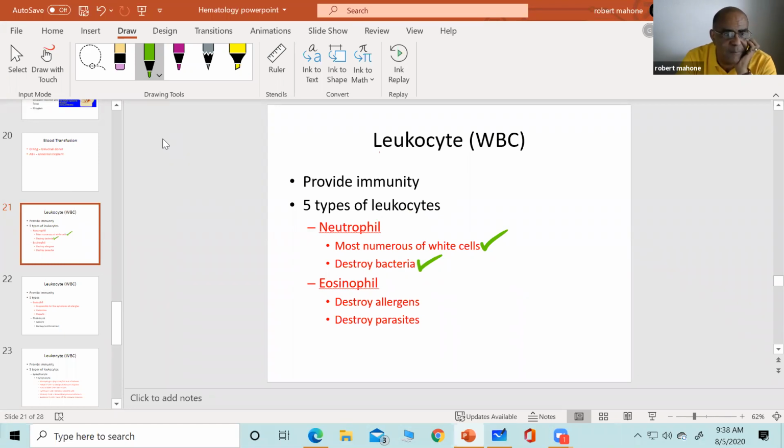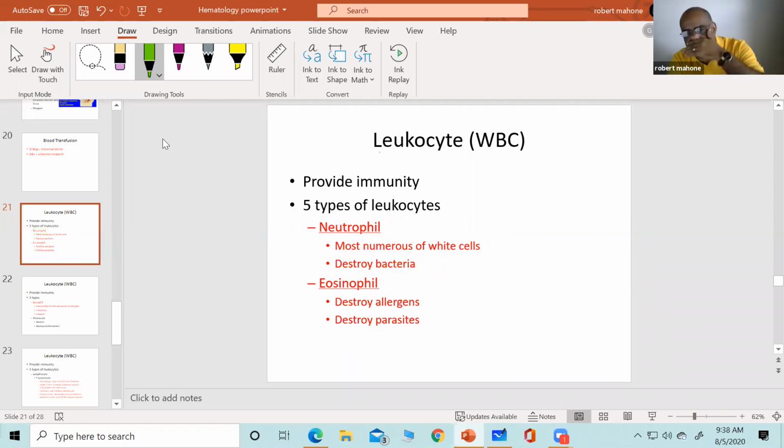You ever heard of the bubble boy? The people who live inside bubbles, even they will have some bacteria in their bodies. So since we have so much bacteria in us, we have more neutrophils than any other of our immune cells. They specifically find and destroy bacteria in us.